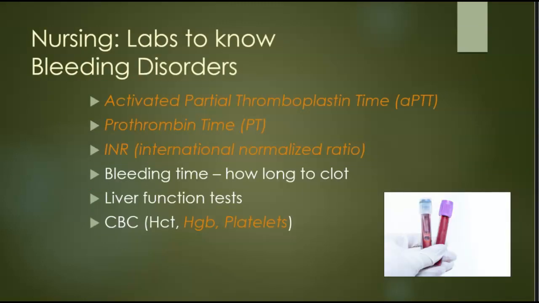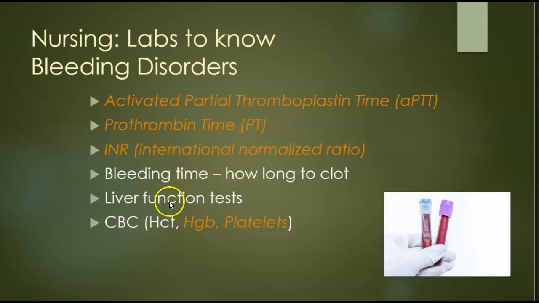So we already talked about this, but I just want to reiterate that these are labs that you need to know. So you need to know what a normal APTT is and what a therapeutic level would look like. Same for, not for prothrombin, but for INR. Okay, remember PT is part of the INR. It's just a way that we report out a ratio of PT.